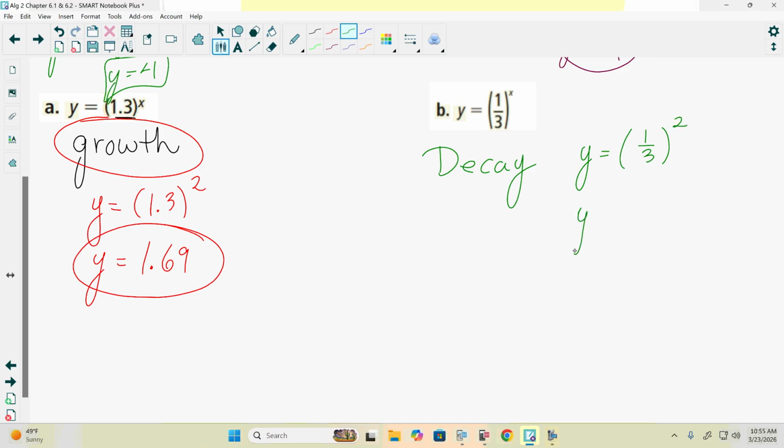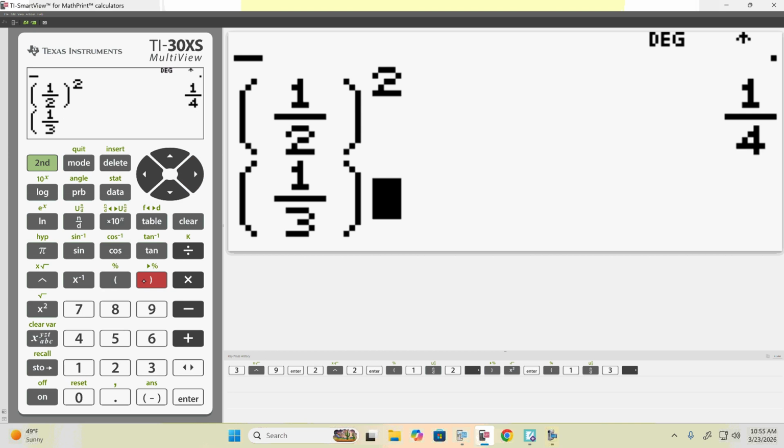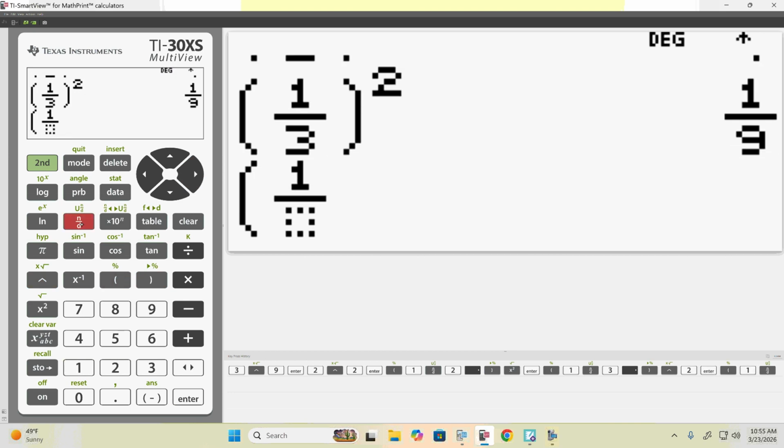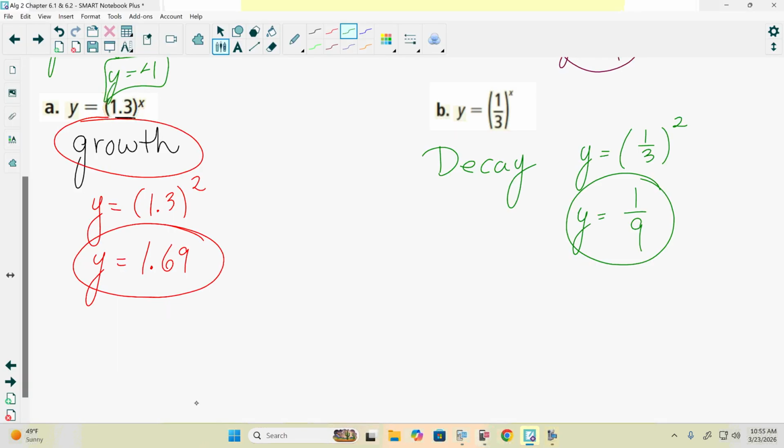So 1/3 squared is... Interestingly enough, if we took 1/3 and put it to the negative second power, it'd be nice. Questions on these here?